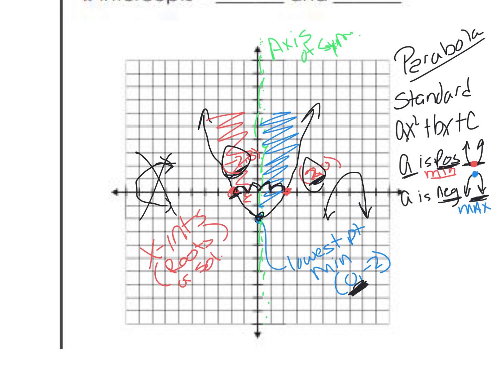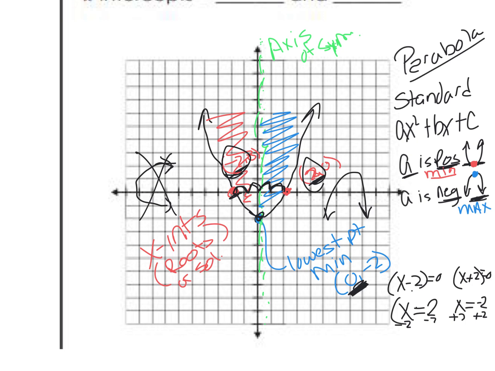So I also know that these are my solutions. If I have my solutions as 2 and negative 2, then I know my factors would be the opposite. If my x-intercept was 2 and this was negative 2, and I want to set those to 0, then I would bring these to the other side. So I'd have x minus 2 equals 0 and x plus 2 equals 0. So those would be my factors.